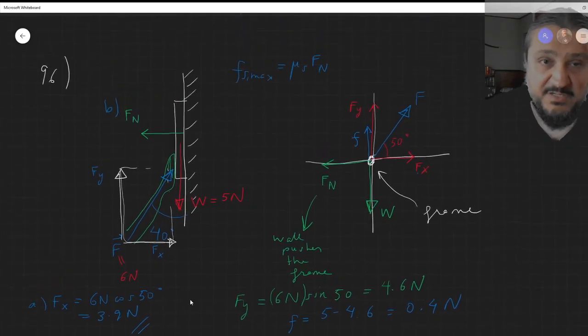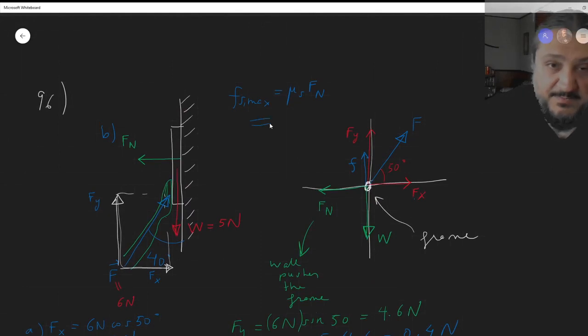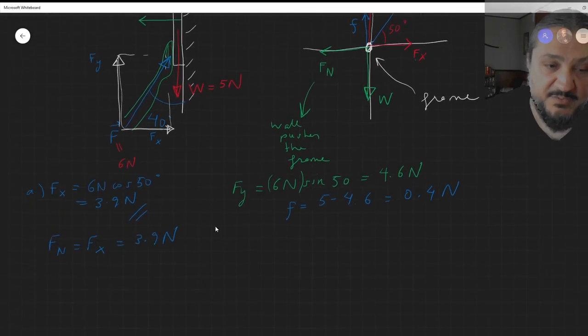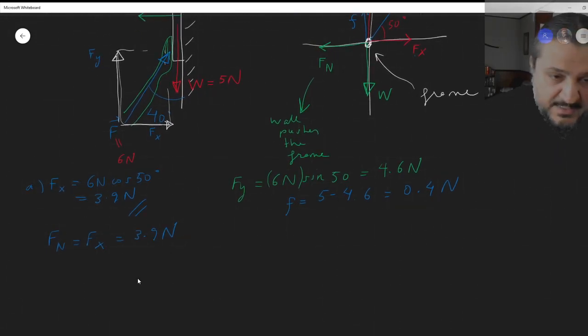Formula meaning this one here I just wrote over here. Okay. So I'm going to divide that friction force by the normal force to get the mu s, or mu s minimum in that sense. So that is equal to 0.4 newtons divided by 3.9.